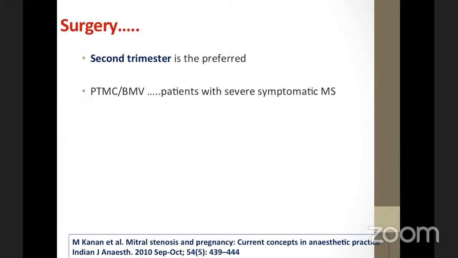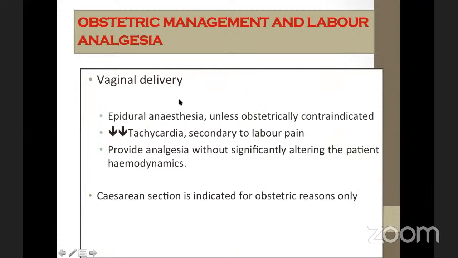For other surgery like mitral balloon valvotomy or any minor surgery, or if the patient is given an epidural, it is fine unless it is obstetrically contraindicated. This obviates the tachycardia secondary to labor pain, and it provides good analgesia without significantly altering the hemodynamics.